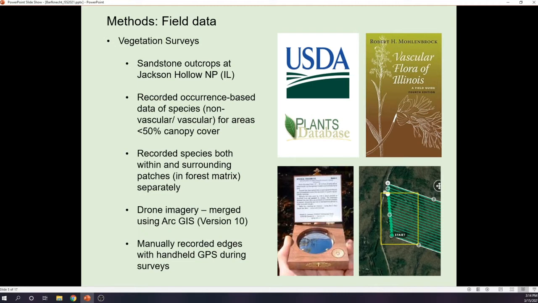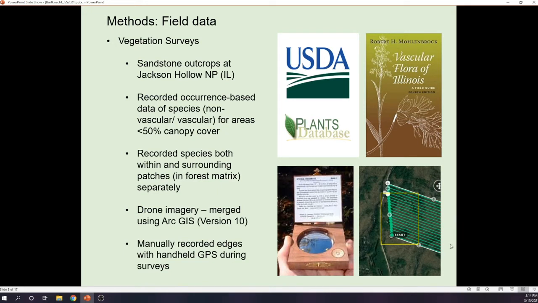To develop a map of this area, I was lucky enough to get the University of Illinois Extension Office to help me with some maps of ortho mosaics built off of drone imagery to map out the site. This yellow polygon here is the total site of the part of the Jackson Hollow Nature Preserve that I studied. And this is one of the flights, but you can kind of see how the drone does these transects.